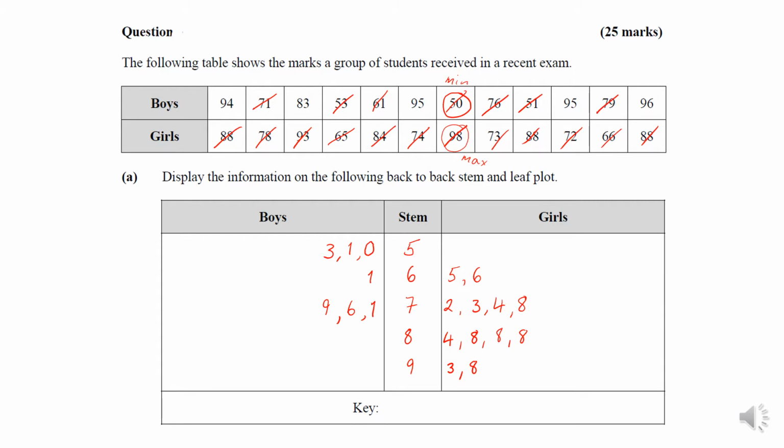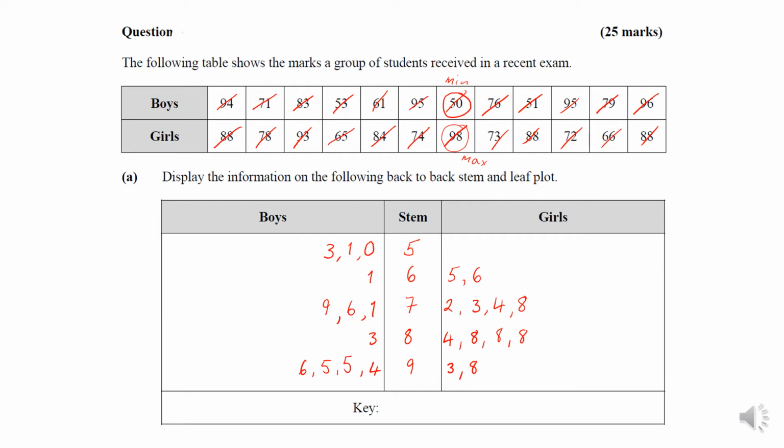Okay, into the 80s we've an 83. Into the 90s we have 2 5s and a 6. So 94, 2 95s and a 96. That was the 4, 2 5s and a 6, and we've entered all the data.